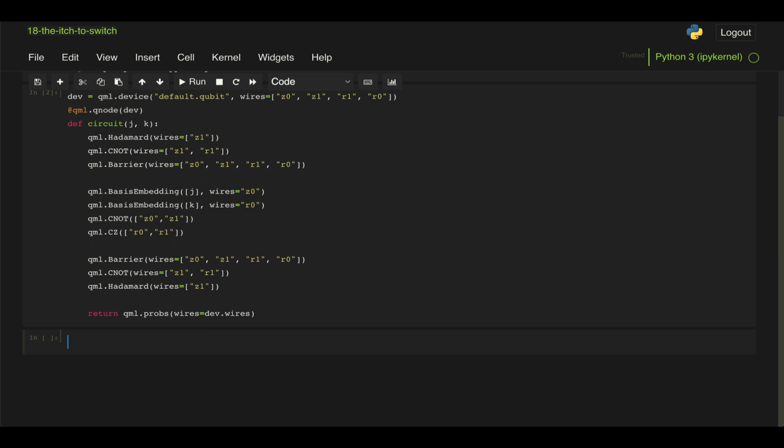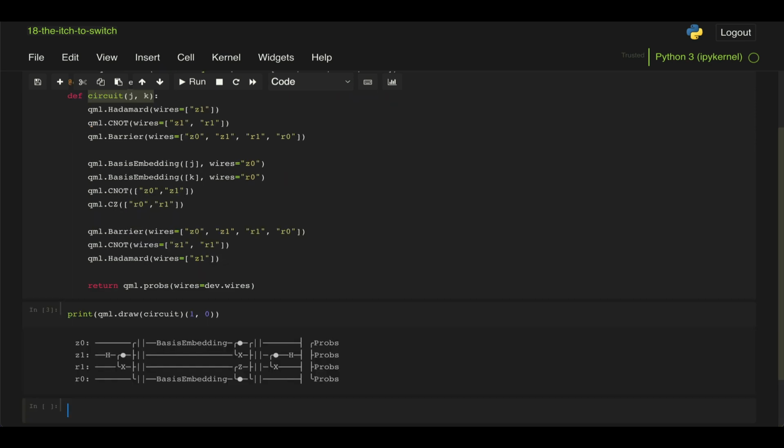So then let's go ahead and draw our circuit for example, J equal to 1 and K equal to 0. So here we have the circuit that generates that Bell pair, then the embedding of the 1 for Zenda and the 0 for Reese, that CX gate between Zenda's qubits and that CZ gate, controlled-Z gate between Reese's qubits, and then that CX gate and Hadamard at the output.